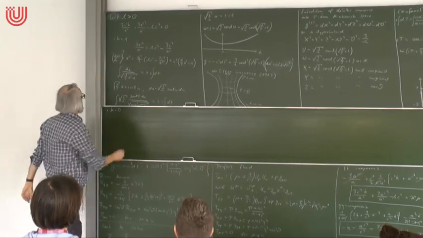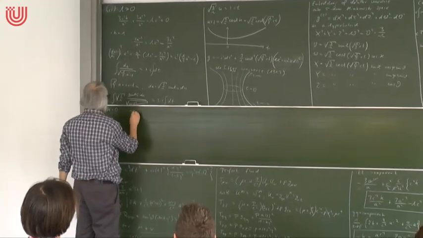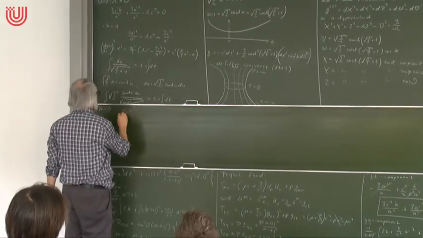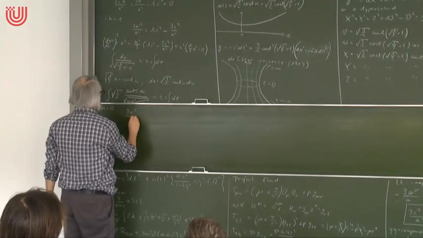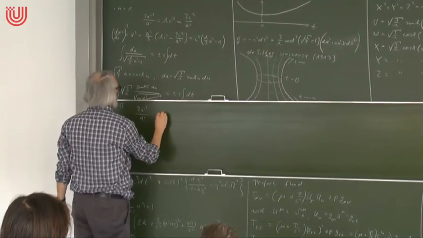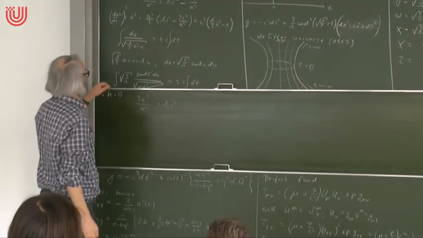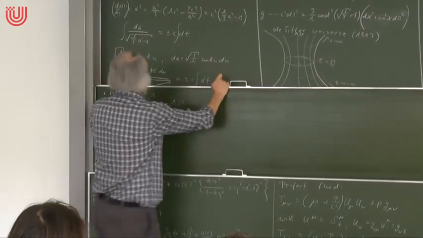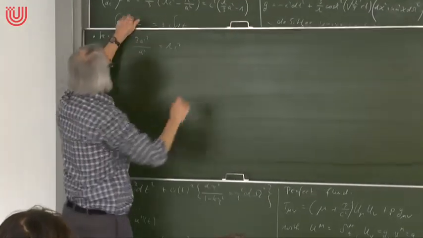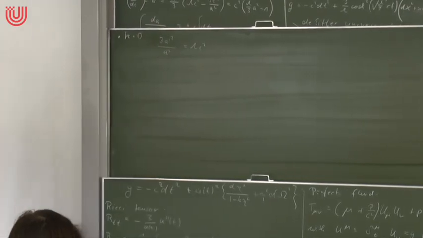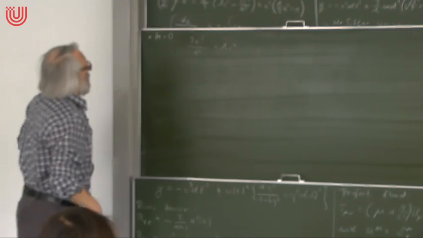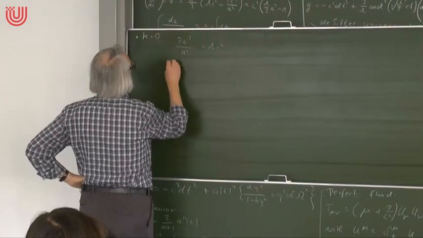Now I set k equal to 0, then it becomes considerably simpler. 3 a dot squared over a squared is lambda c squared. And lambda is positive, so this is nice, because we have positive quantities on both sides of the equality sign. So let's see if I can integrate this.